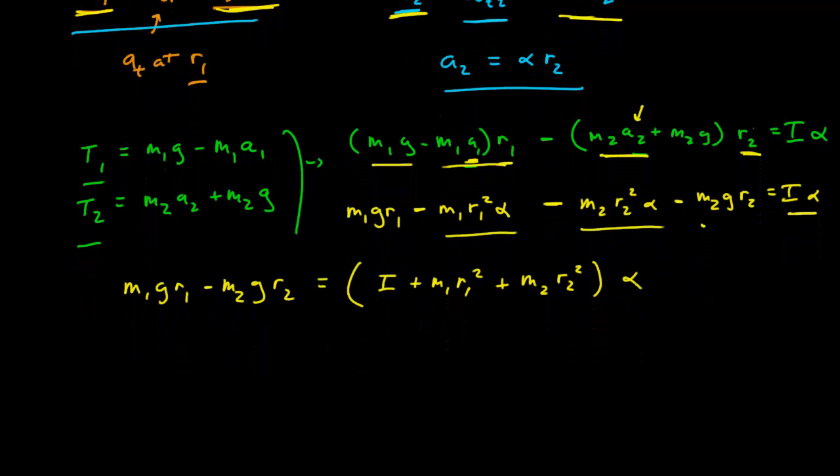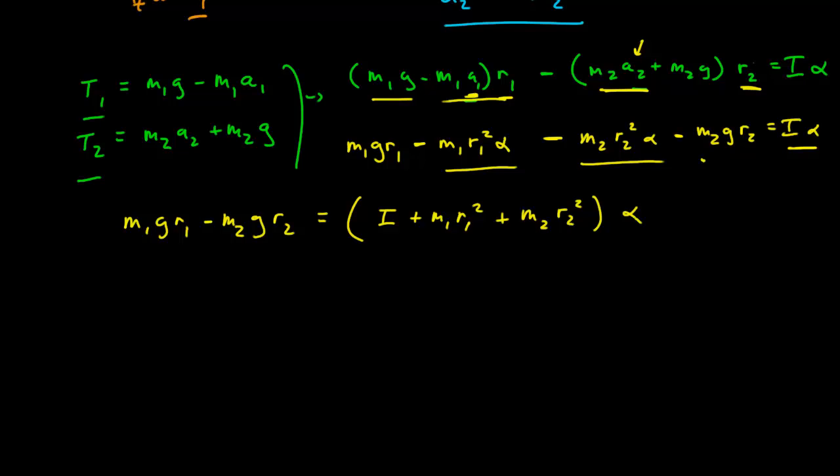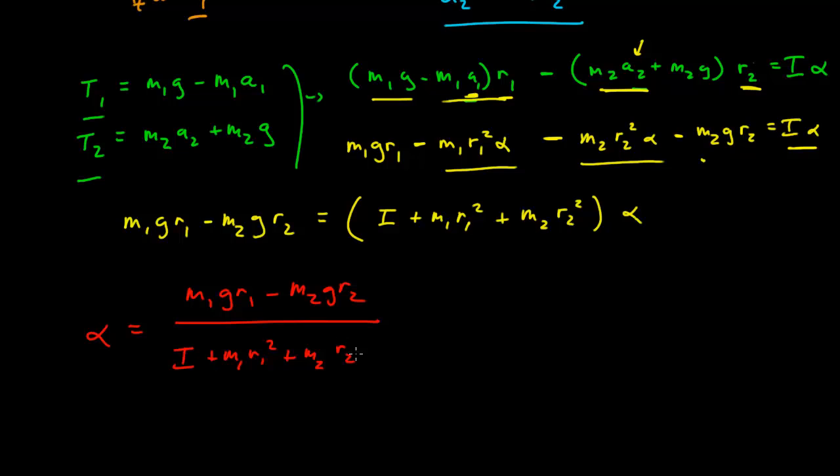Okay, so if I were to just solve for alpha over here, then I get m1 g r1 minus m2 g r2 divided by this whole thing, which is I plus m1 r1 squared plus m2 r2 squared.